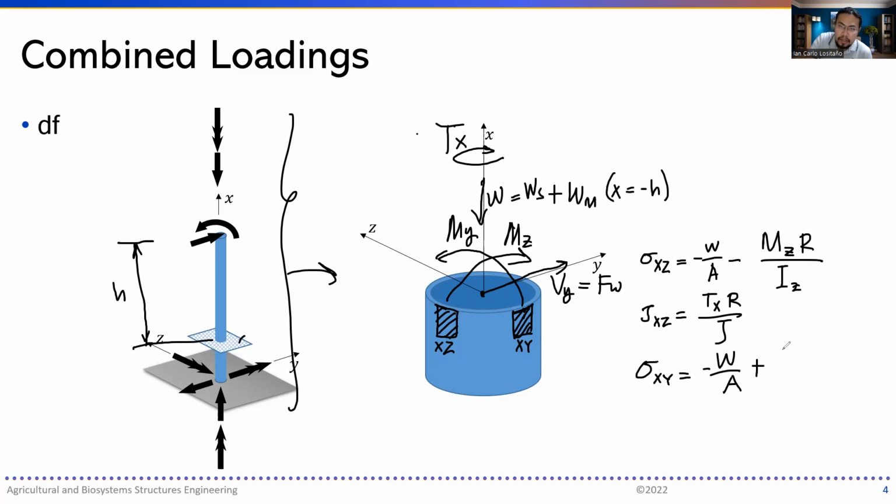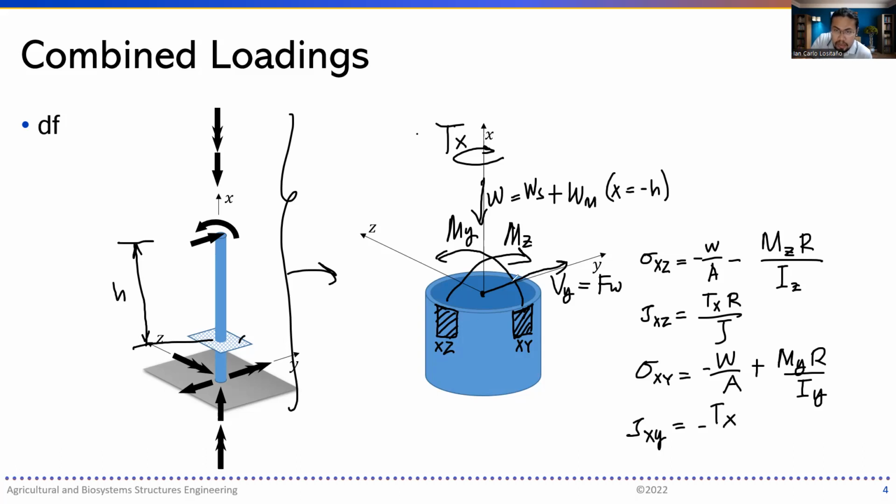The MZ will have no effect because it's along a different plane, but the moment about the Y will have such an effect that it has to be considered, and you have your IY. You have your shear this time, which is negative Tx.